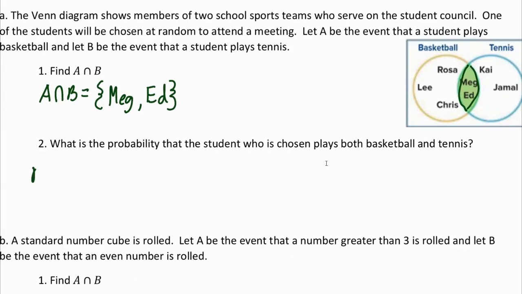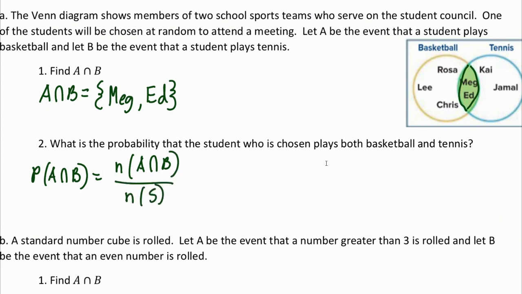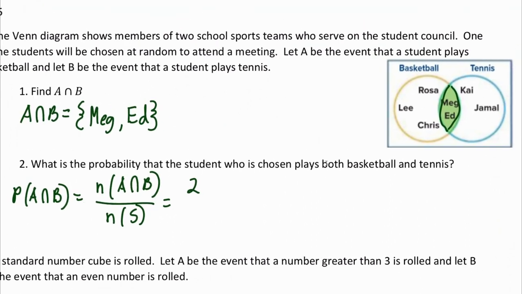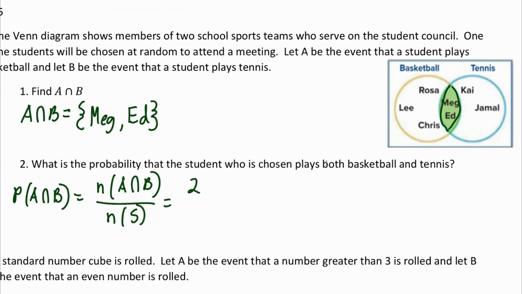So again, we're trying to find the probability of A intersection B. We find that by the number of outcomes in that intersection over the number of outcomes possible. The number of outcomes in that intersection is just 2, right? There's 2 people who play both of those. But there's 1, 2, 3, 4, 5, 6, 7 different outcomes total because there's 7 different people included in this. So this would be our probability, 2/7.